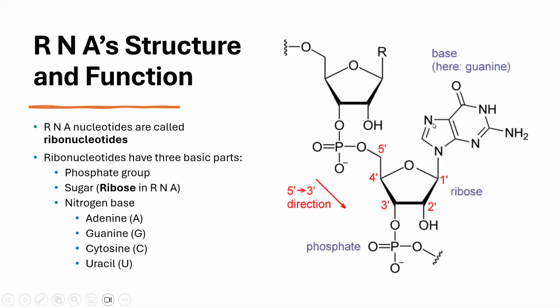You're still going to have your base on the 1', and you're still going to have this 5 to 3 relationship where we have a 5' carbon up here bound to a 3' OH, and then you're going to get this phosphate ester bond, making a phosphodiester bond, and it's going to go generally in this 5 to 3 direction.